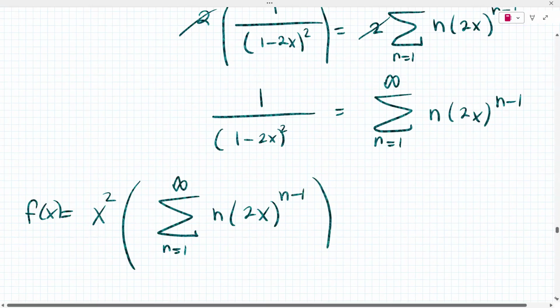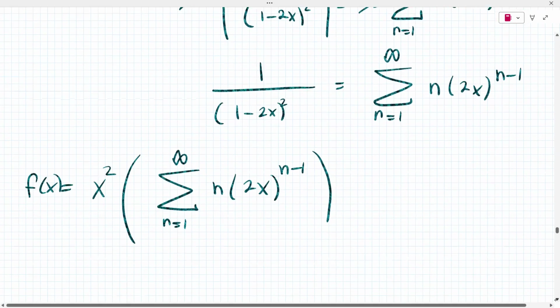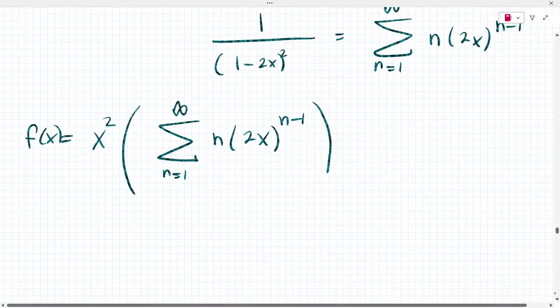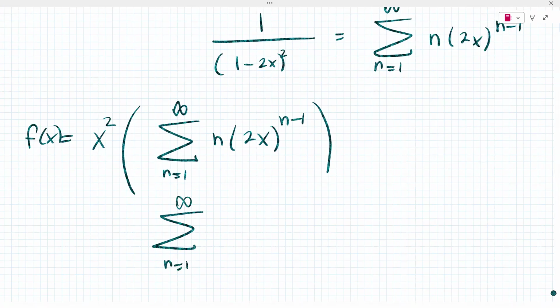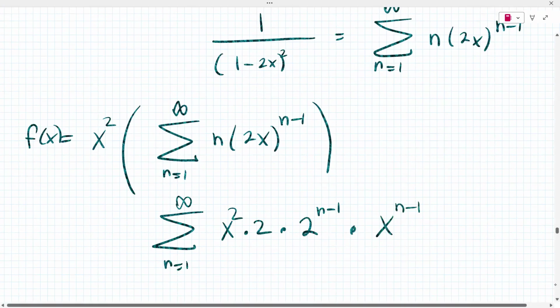And then this could be broken down as the summation of n equals 1 to infinity of x squared times 2. So I'm just breaking it down, expanding it. (2x) raised to the n minus 1, that's the same thing as 2 to the n minus 1 and x to the n minus 1. Right?